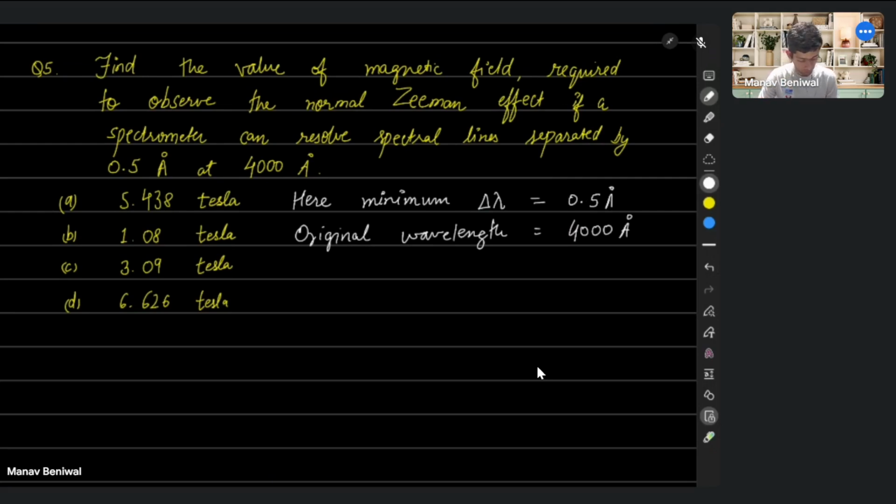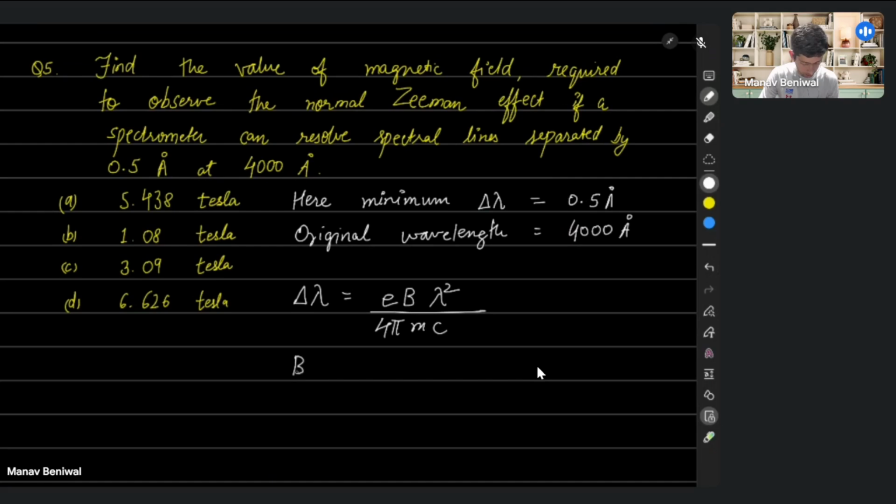And we know from the equation, what is the equation? Delta lambda is given by e B lambda squared over 4 pi m c.